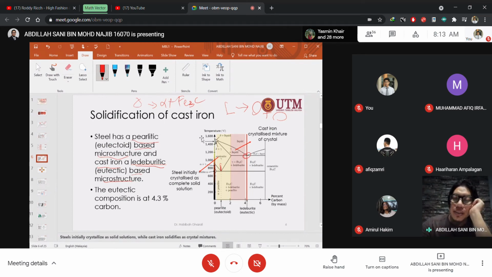So what you get from the eutectic point is the austenite and also the cementite, Fe3C plus austenite. Okay. We got austenite and cementite.